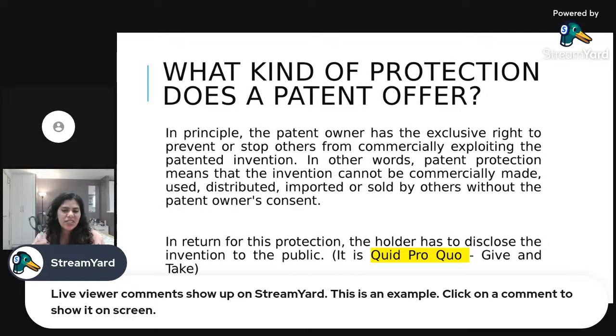So if I want to sell this pair of scissors for say 50,000 rupees, I can, because there is nobody in the market which is also selling a similar pair of scissors for 20 years.